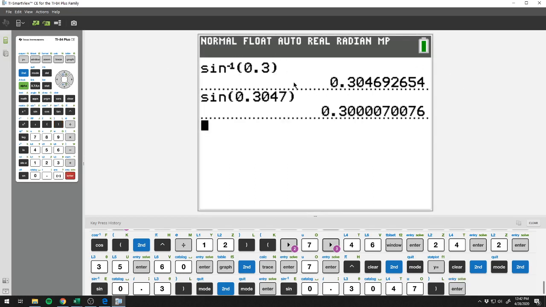So what your calculator is spitting out is one of the angles that makes sine 0.3. When we see something written like sine inverse of x, it's going to spit out an angle y that makes sine of y about x.